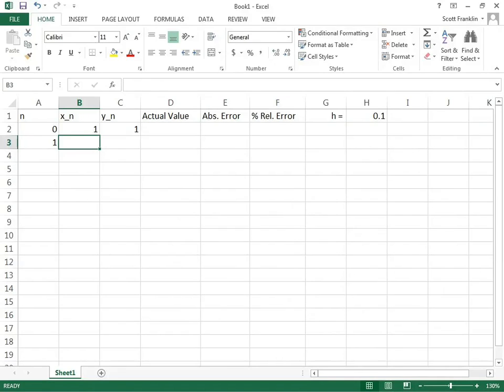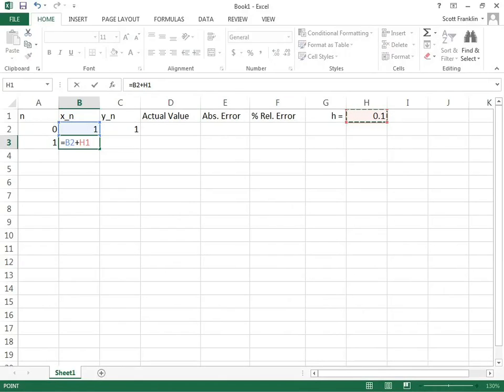It's the previous value of x plus whatever my h is. So using Excel, I'm going to use formulas: equals the cell above it, which would be B2, or I use my up arrow after I hit my equal sign, plus my h value, which is H1.